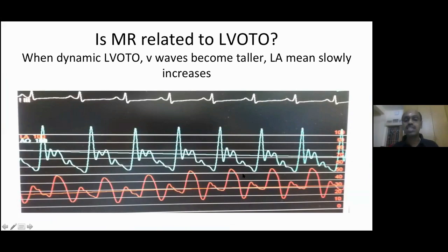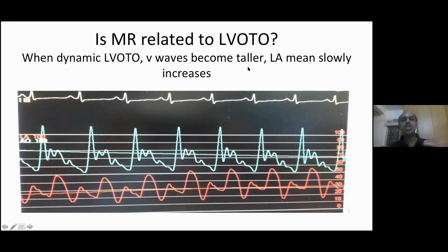This results in flash pulmonary edema. So as the severity of LVOT obstruction worsens, the MR is directly proportional to the LVOT obstruction. More the LVOT obstruction, more the systolic anterior motion of the anterior mitral leaflet. Higher the SAM, higher the MR, higher the MR, higher the LA pressure elevation, taller the V waves, and LA pressure will go up progressively high.